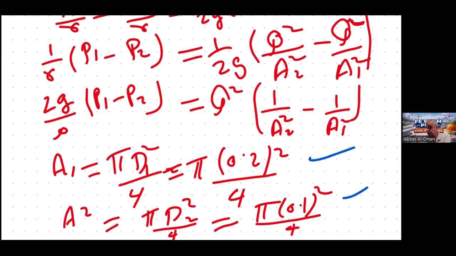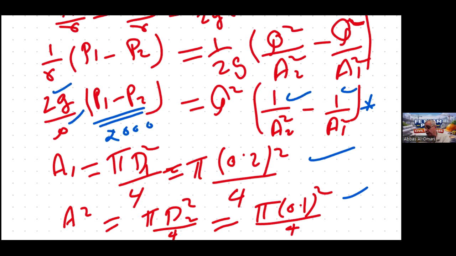Now I can plug into this equation. I know P1 minus P2 is 2000. I know A1 and A2. These are knowns. G and rho are known: G is 9.81 and rho is 1000.